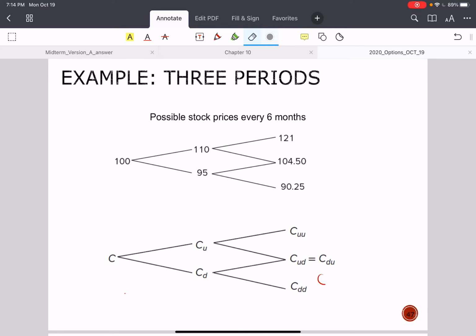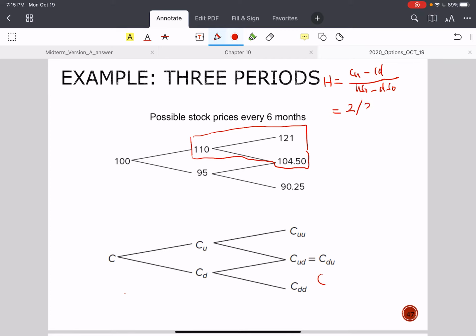Well, we know that hedge ratio has the same formula as delta, right? So it's again CU minus CD over US0 minus DS0. So again, we would start from this part. I will just directly give you the answer here, since we basically have done this calculation. So it's 2/3. So this is the hedging ratio.